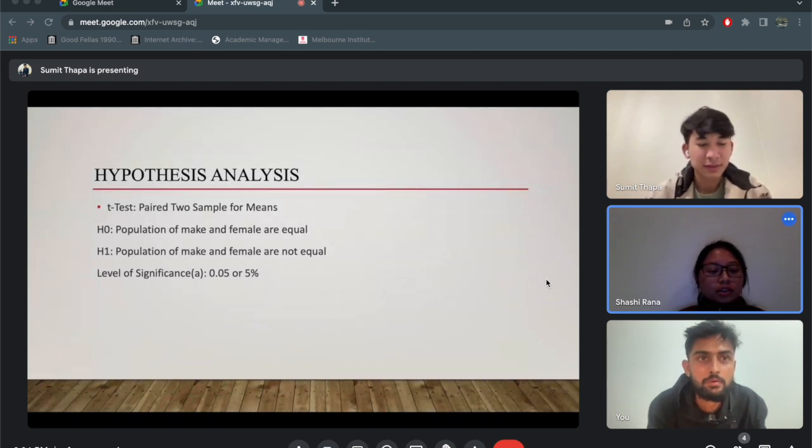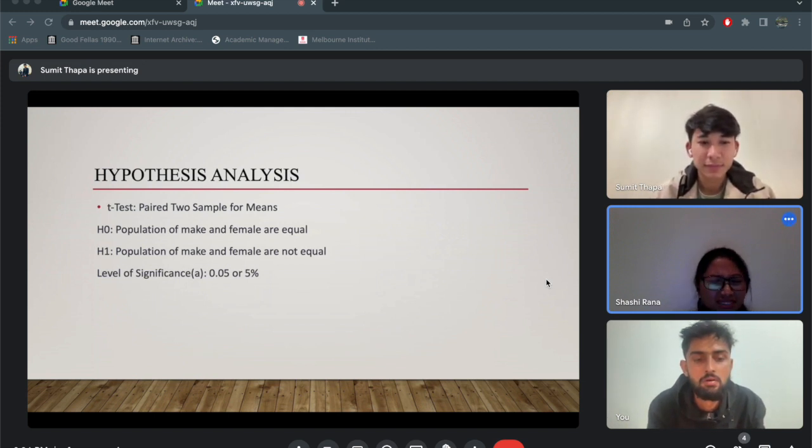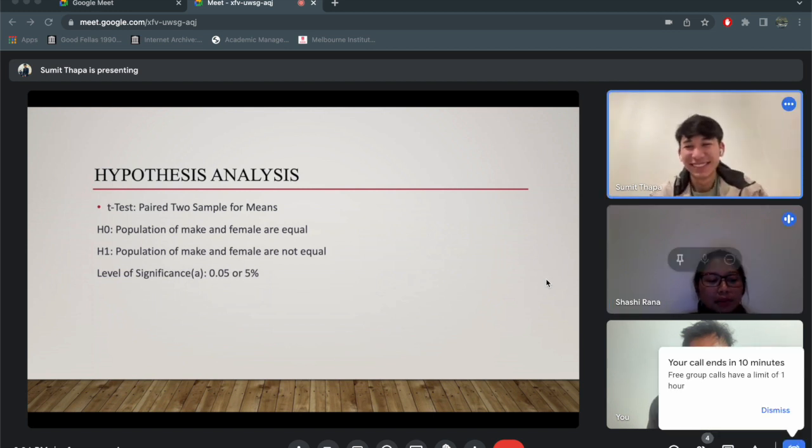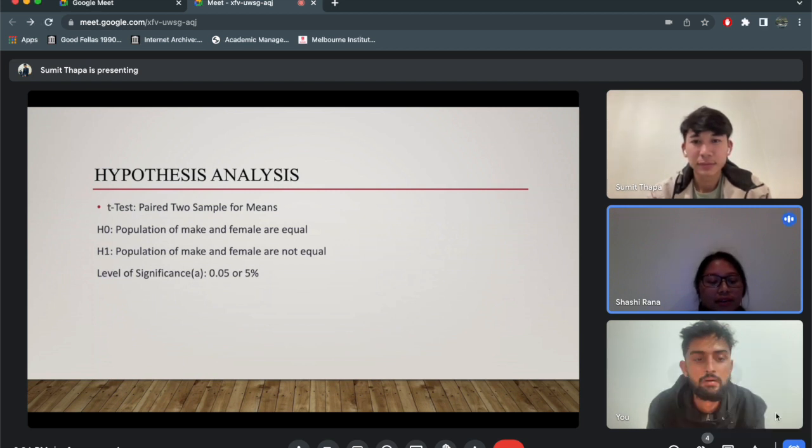We set two hypotheses: the null hypothesis, which means male and female populations are equal, and the alternative hypothesis, which means the populations of male and female are not equal. The level of significance is 0.05.